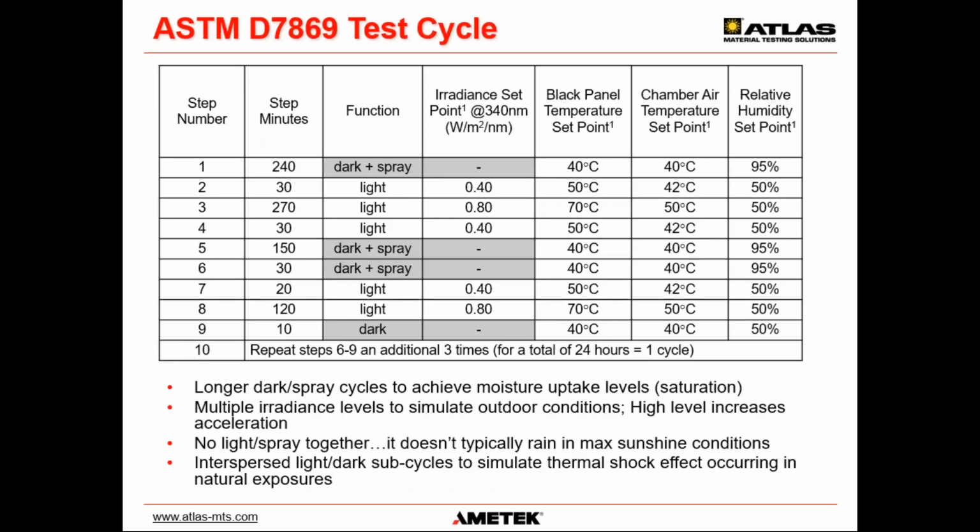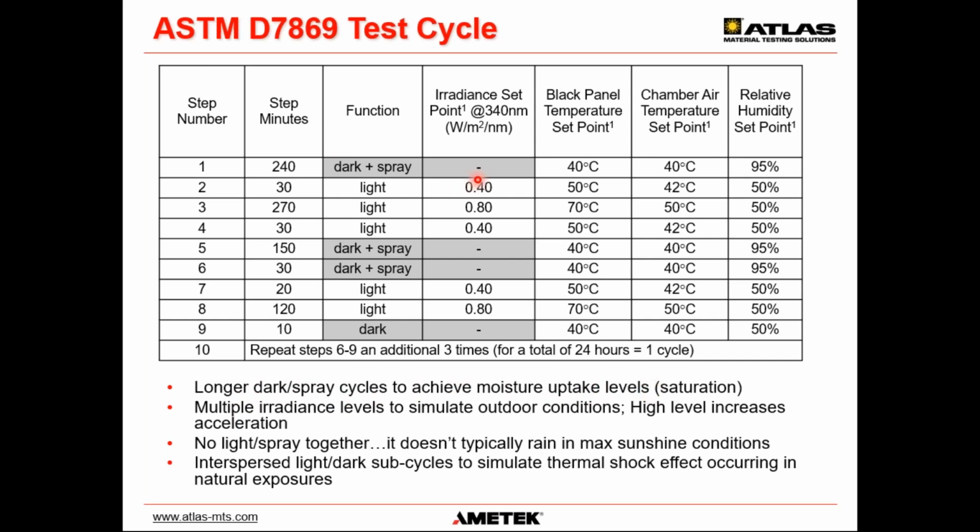And because of this, they developed a complex cycle. Here's a summary of this cycle, and I'm not going to go into the details of the cycle. For those of you interested, ASTM D7869 has an appendix which actually explains each of these step numbers and why they were developed. But the key points to remember are that they provided longer dark spray cycles to achieve moisture uptake levels for the coatings to achieve saturation.